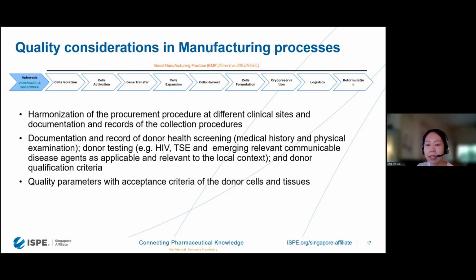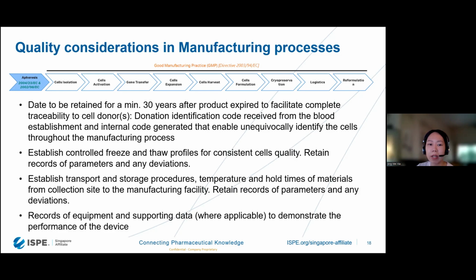In some cases, the quality and quantity of the cells collected from a patient may be affected by, for example, previous treatment received or the patient's current health status. So manufacturers should consider defining patient donor selection criteria or defining characteristics of starting cells that are relevant to producing a product with consistent quality characteristics.